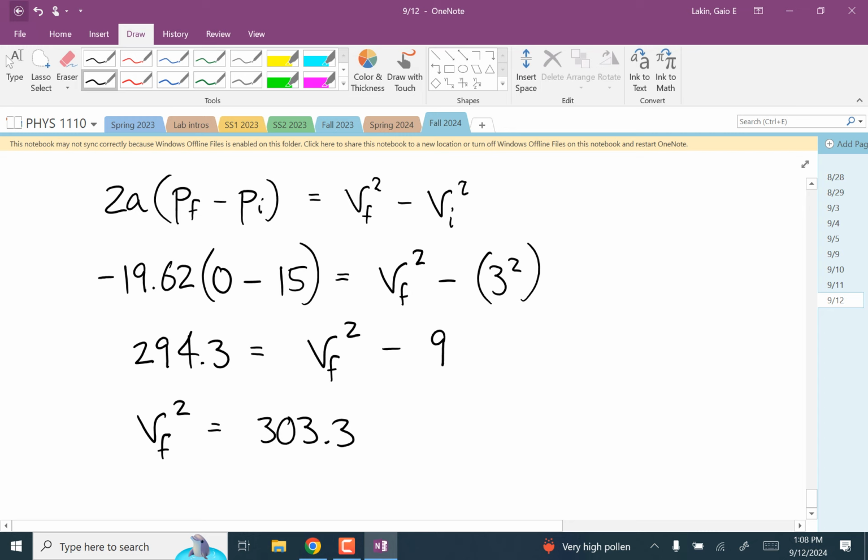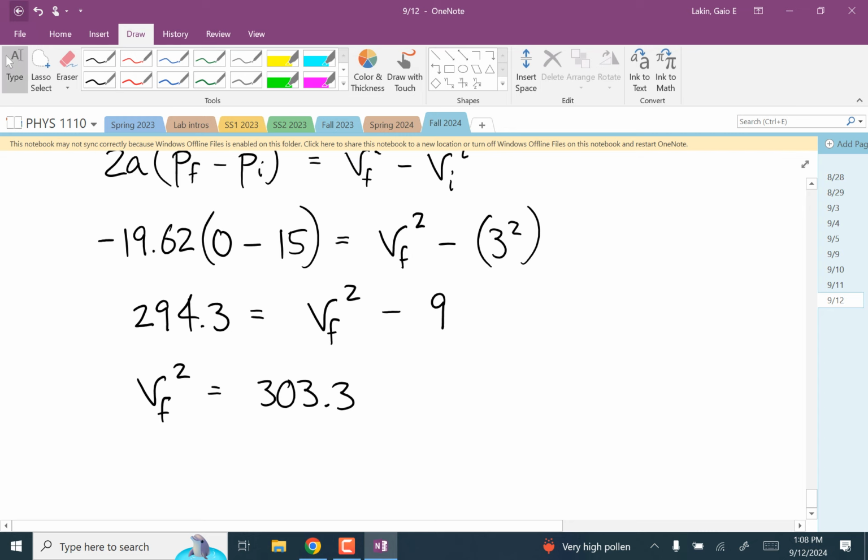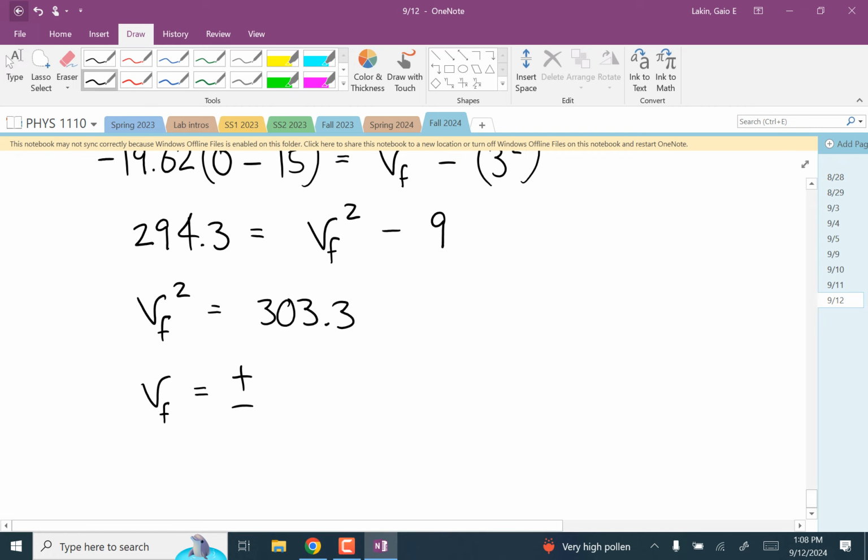Okay, now the last thing you have to notice here. We're going to take the square root of this variable, and so you have to remember that that can be positive or negative. So positive or negative square root of 303.3, and you get plus or minus 17.42.